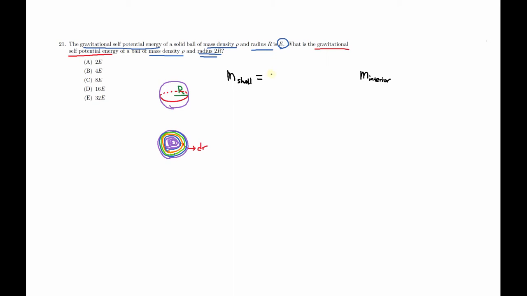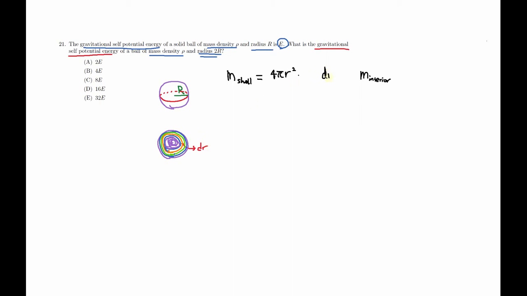So our mass of the shell is the area of the concentric sphere, which will be 4 pi r squared. Okay, that's area. Now I'm gonna multiply by our dr for each uniform concentric sphere.